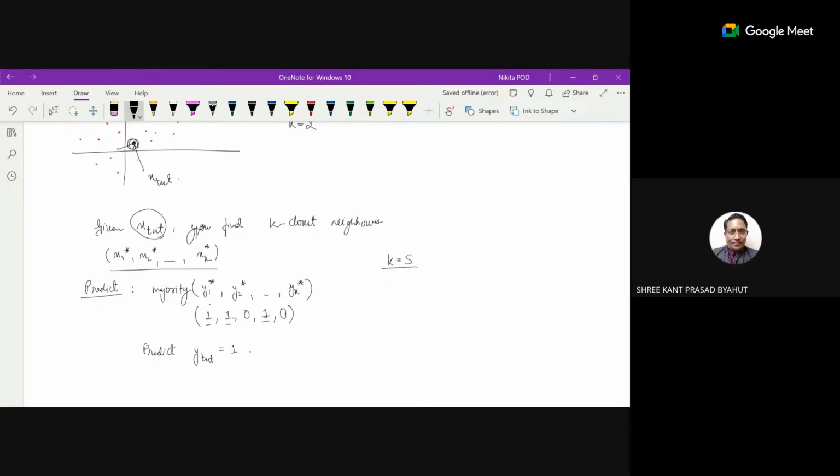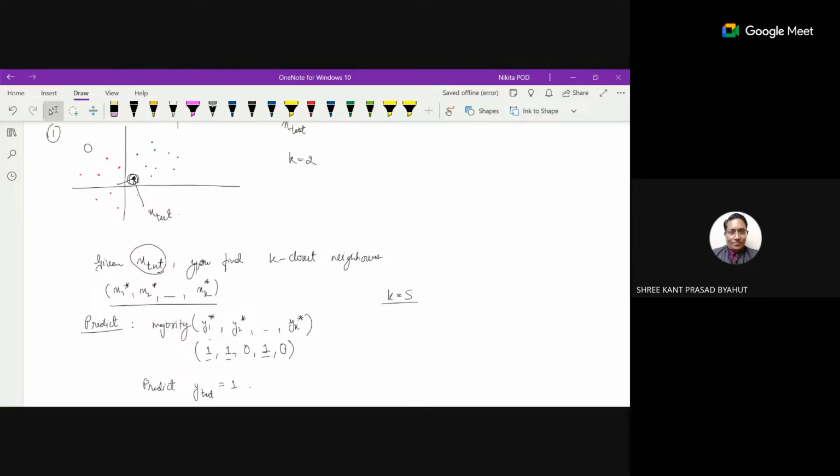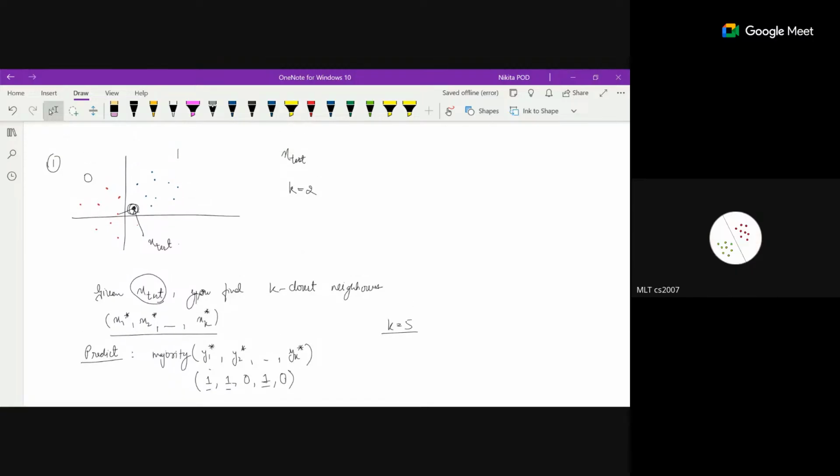Here we took only the red points, but we can take the green points also, because the nearest may be that also. We can take some of the 0s and some of the 1s among the nearest. Correct, I was just explaining the idea of K nearest neighbor, not only one side, both sides we can take.